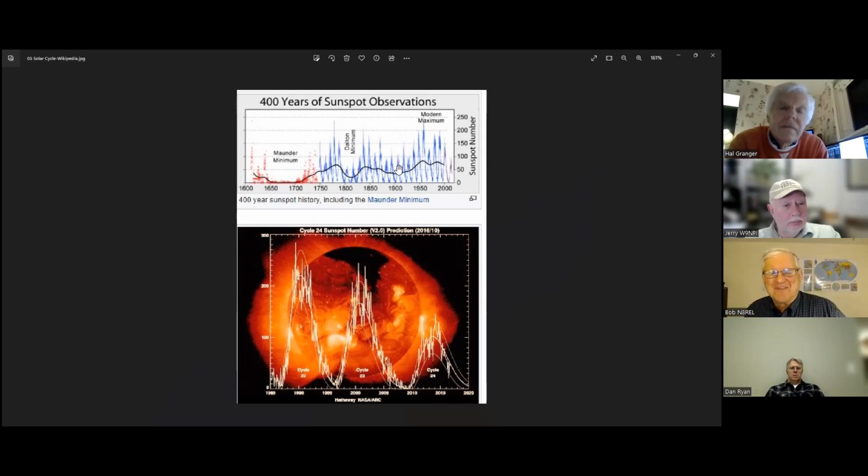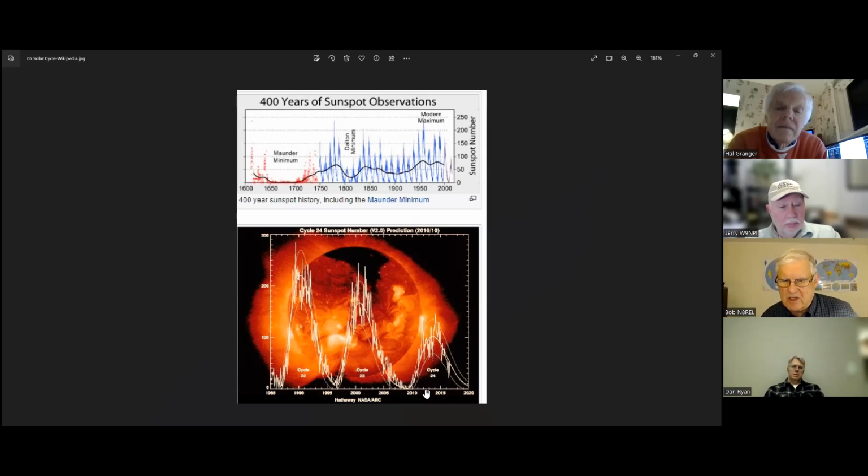But you get up to the 1900s and you see there have been varying amounts of sunspot activity. You see each of these peaks, they're different by about 11 years, and there are minimums and maximums within each cycle, but each cycle lasts about 11 years.